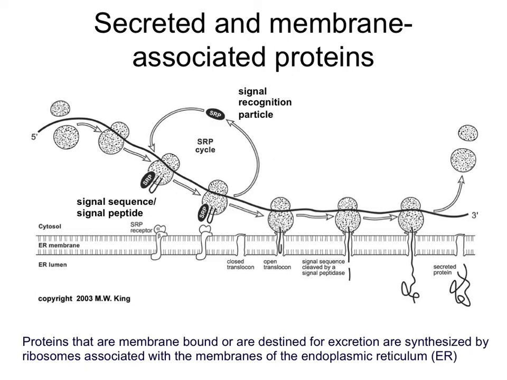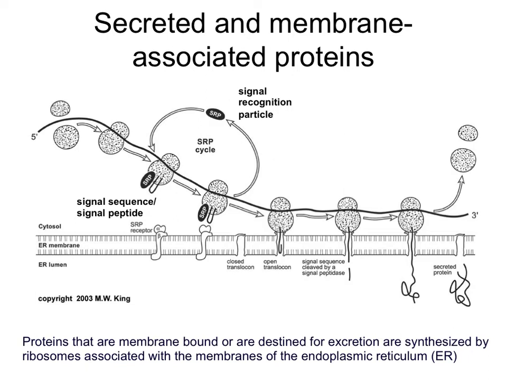As the ribosome is translating the mRNA, it generates the signal peptide, which gets recognized by the SRP, which then allows the ribosome to bind to the ER membrane and lets the protein translocate. As it's being processed through, the signal peptide gets cleaved, and then the protein gets secreted.